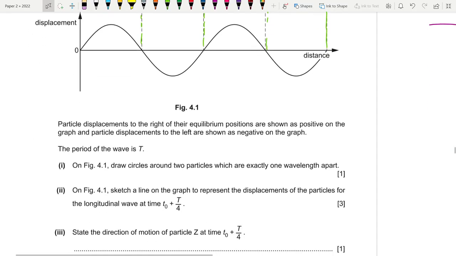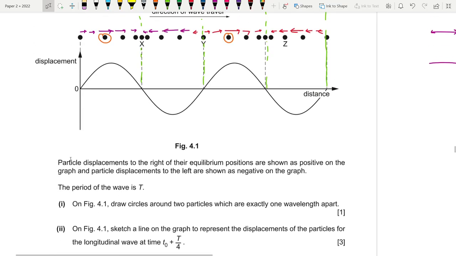Next, on figure 4.1, sketch a line on the graph to represent the displacement of the particles for the longitudinal wave at time of t naught plus T by 4. Interesting sum. So we know what happens after T by 4 seconds, right? Basically, the wave will move 1/4 to the left.